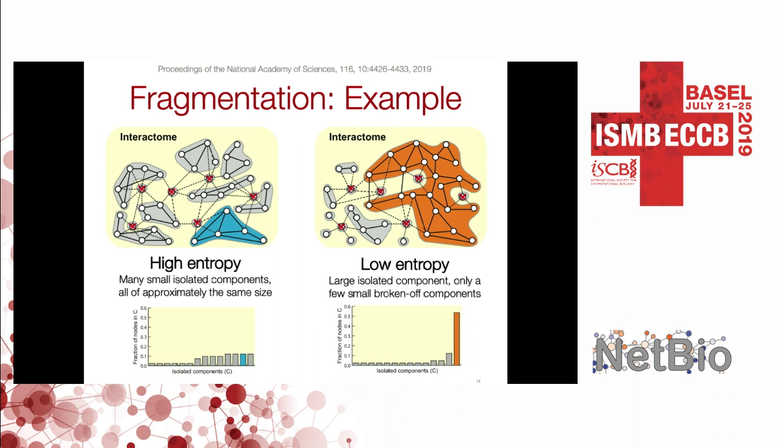And the way we can characterize that quantitatively is by getting a high entropy value on the cluster component sizes. On the right, in contrast, even though we remove the same number of proteins and their interactions, we still have this relatively large connected component, and because of that, there is low entropy on the distribution of disconnected components.